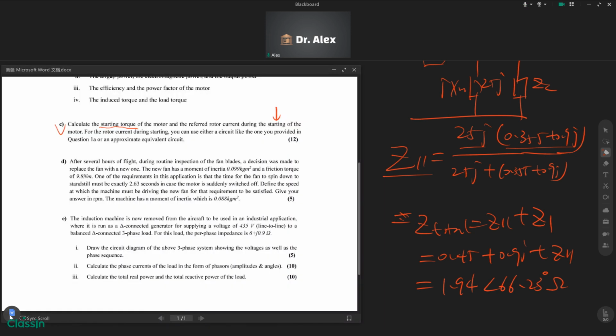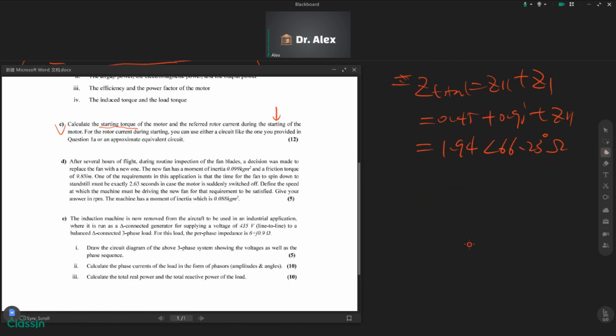Now we get the new total impedance for the whole circuit, and consequently we can get the new total current, which is I1 for the total circuit, which is V phase divided by Z total.